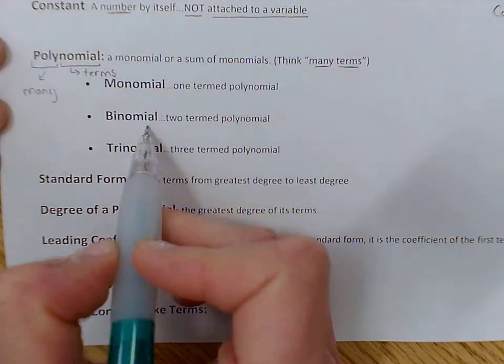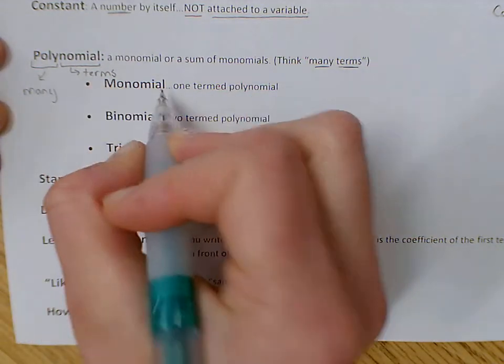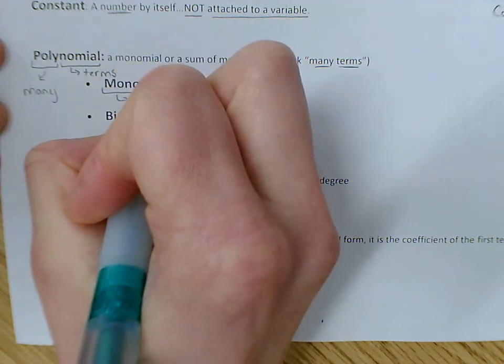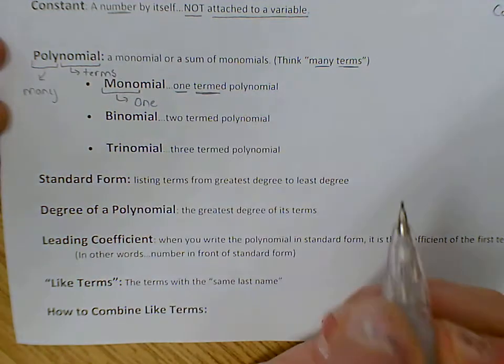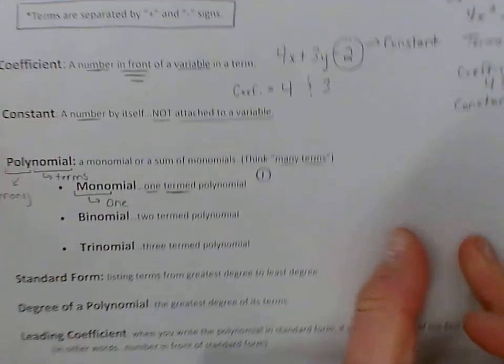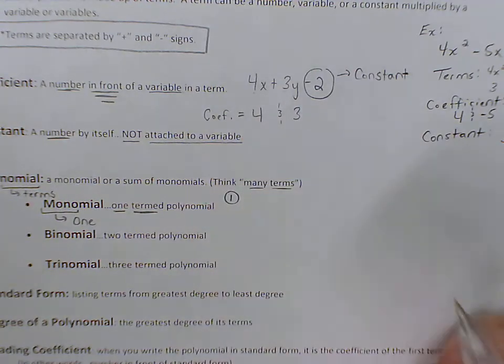Now, you can actually break that down even more. So you can have what are called monomials, binomials, trinomials, and it could go up from there, but these are the ones that you're going to see most often, okay? So a monomial, if you look at the prefix mono, that means one. Then a monomial is going to have one term to it. So an example of that would be if I just, for instance, take one of the terms I was dealing with yesterday and I just wrote one of the terms down, that would be a monomial.